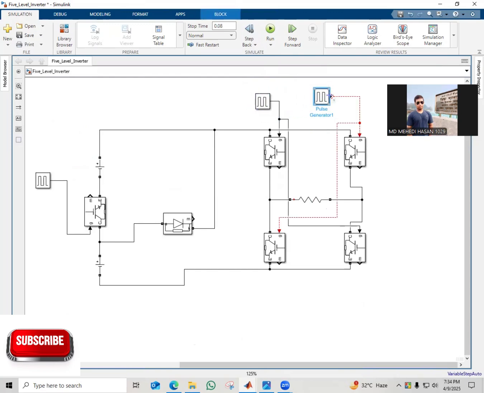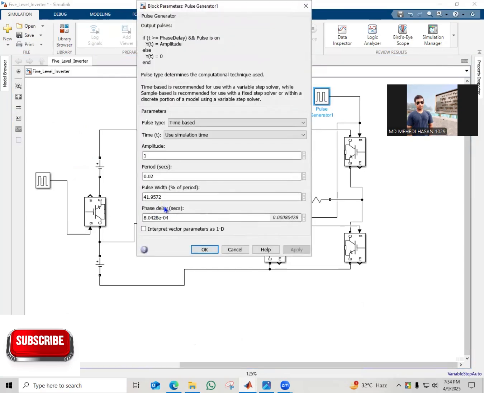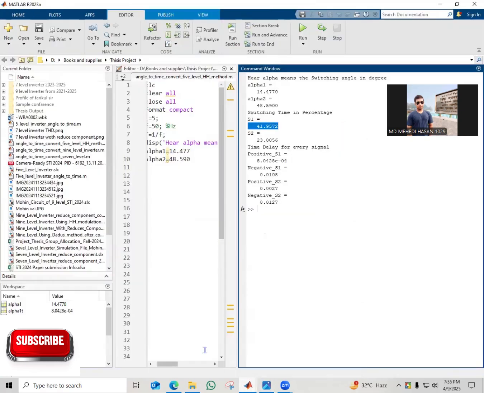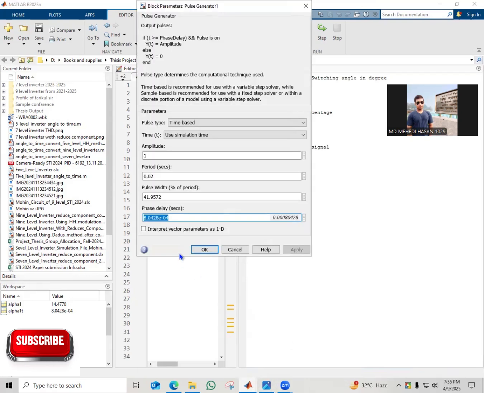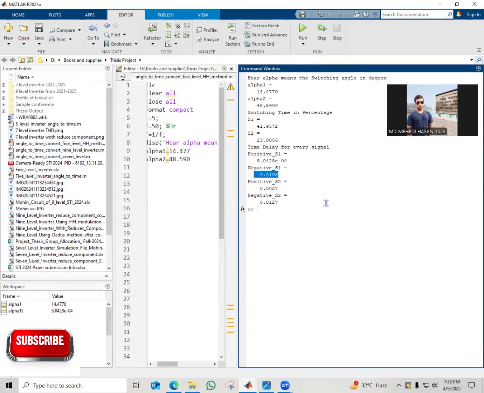That's why I'm copying this to get the output easily here. And this will start from this part, 0.0108.